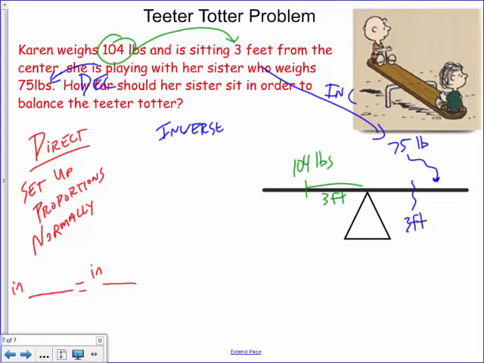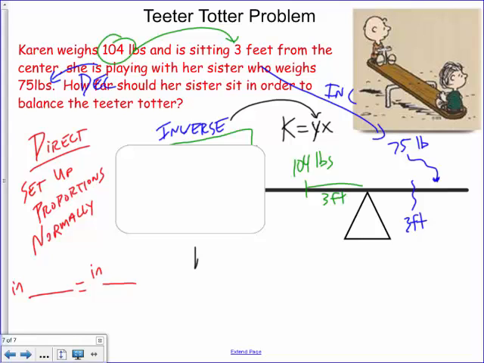So if it's inverse, yeah, we multiply them for inverse, don't we? So we take that y times the x. So really, if I go 104 times 3 for Karen, I could do the same thing for her sister and say 75 times x, which I don't know.